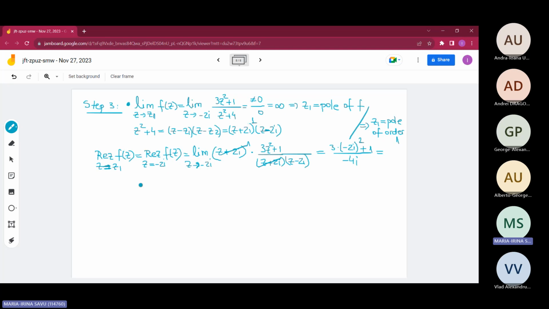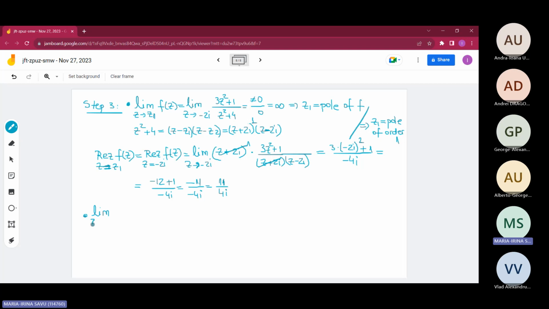Okay, which is 4 times i squared is minus 4, times 3 is minus 12 plus 1 over minus 4i. And let's find the residue, but let's find first the limit.